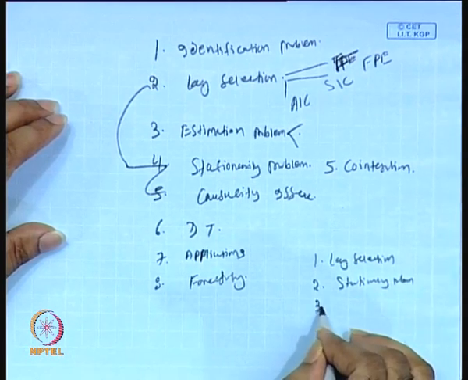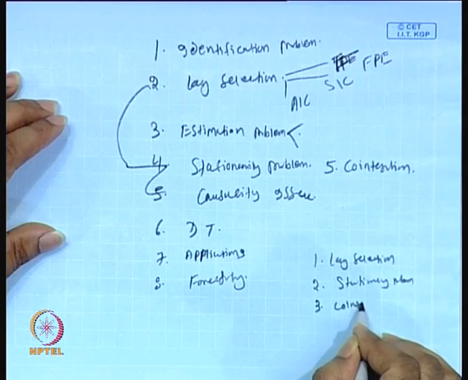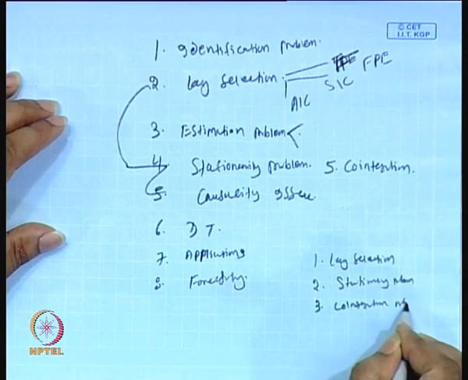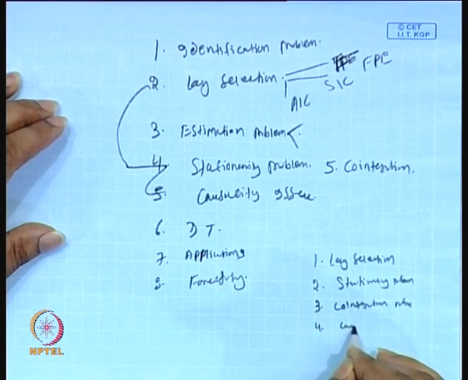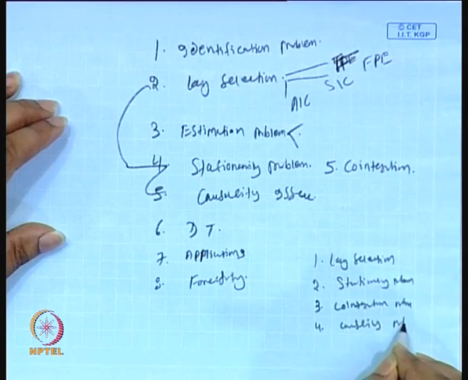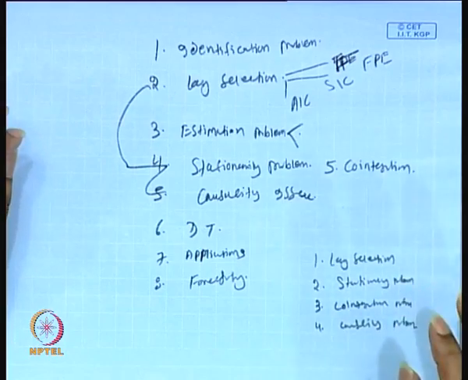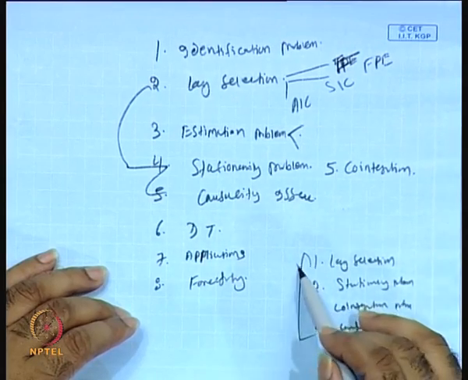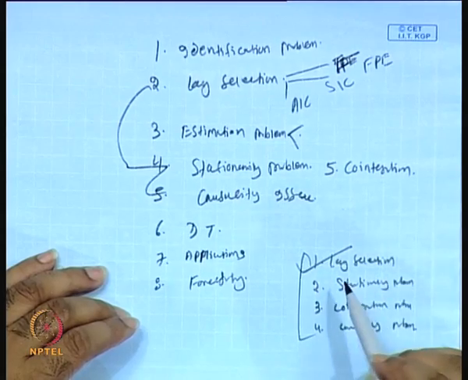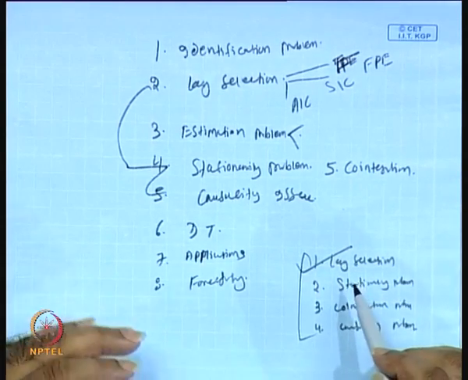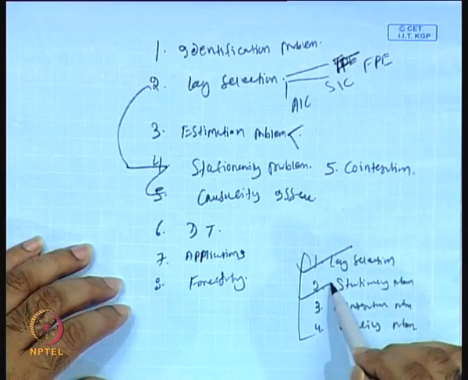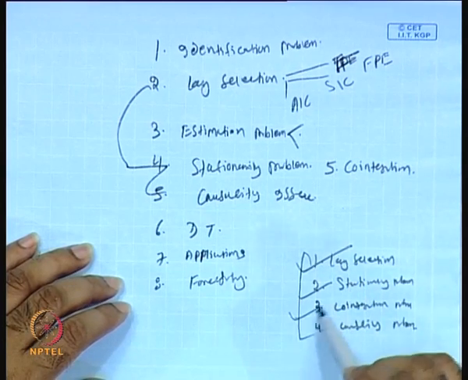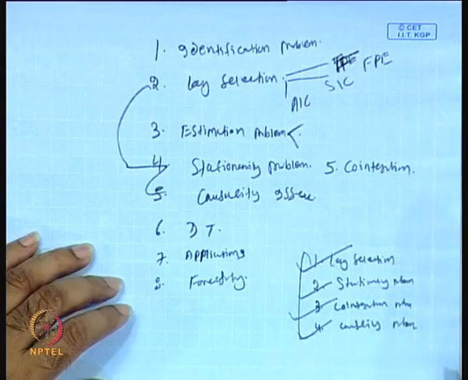In the next couple of lectures we will highlight only these aspects. Lag selection we have already discussed, so what is left is the stationarity problem, that is the unit root concept, co-integration and the causality problem.